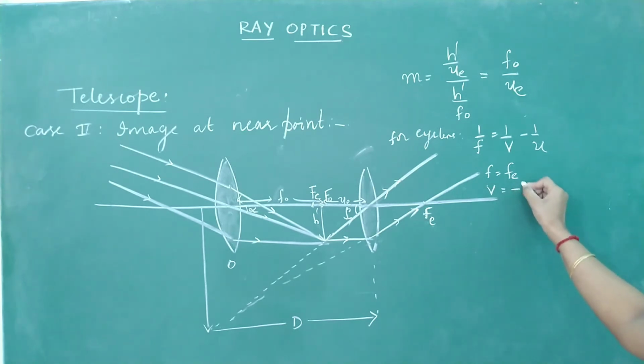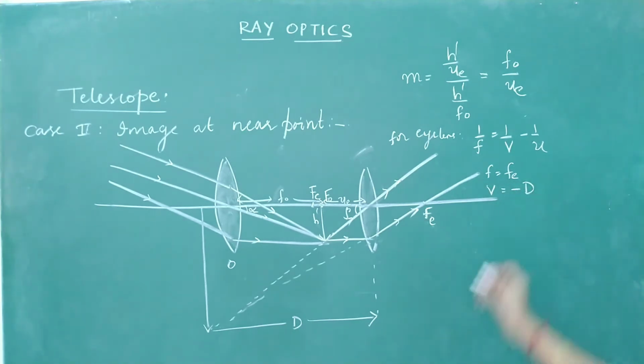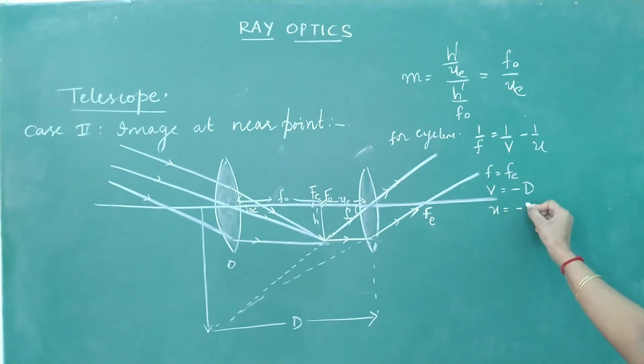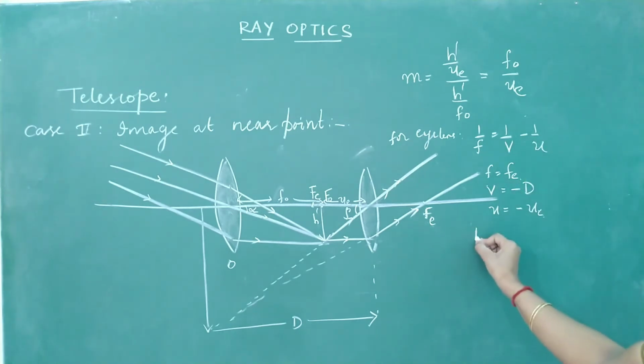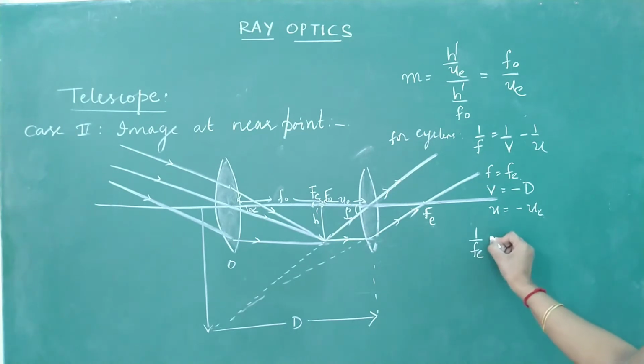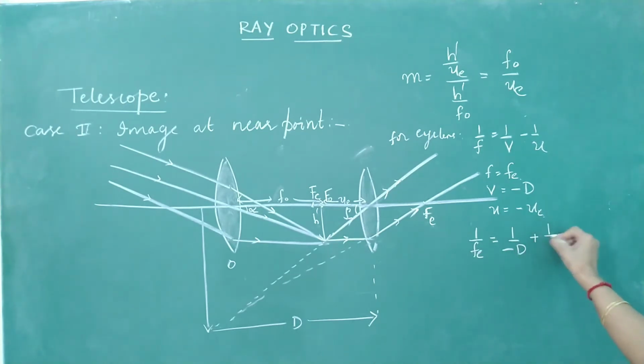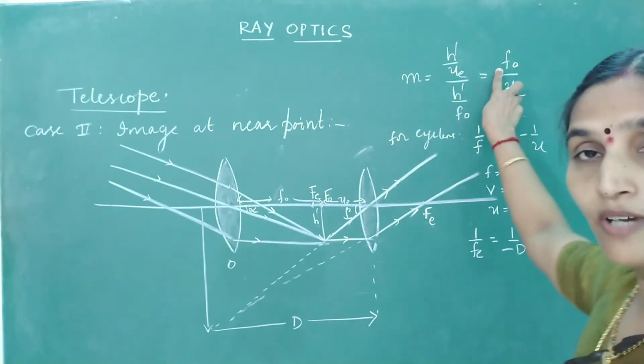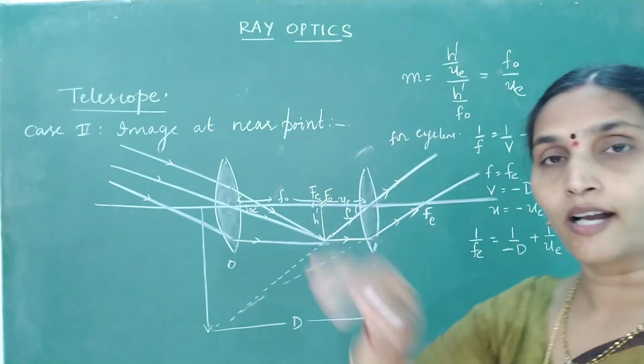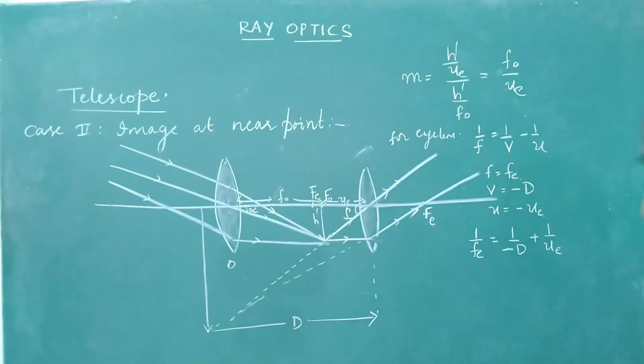Image is formed at least distance of distinct vision. Object distance is minus UE with sign convention. Put all the values in your lens formula. 1 by FE is equal to 1 by minus D plus 1 divided by UE. Since we need the value of F0 divided by UE, I will multiply the whole equation with F0. So multiply this with F0.